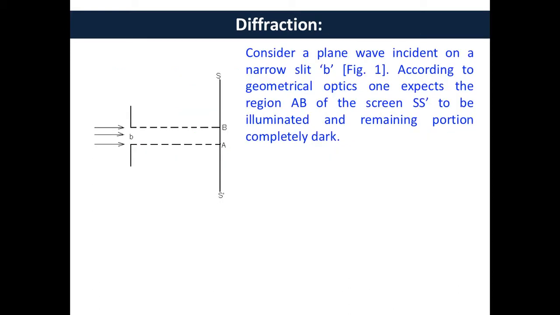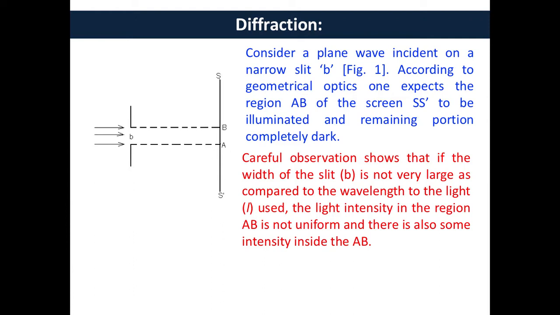Okay, so let's consider a plane wave incident on a narrow slit P. According to geometrical optics, the region AB has to be illuminated and the remaining region is completely dark. It means it is the geometrical shadow.